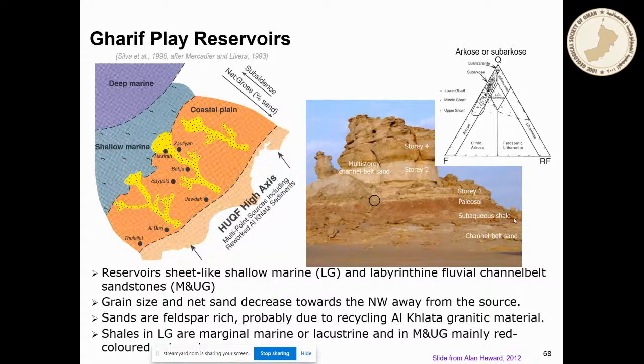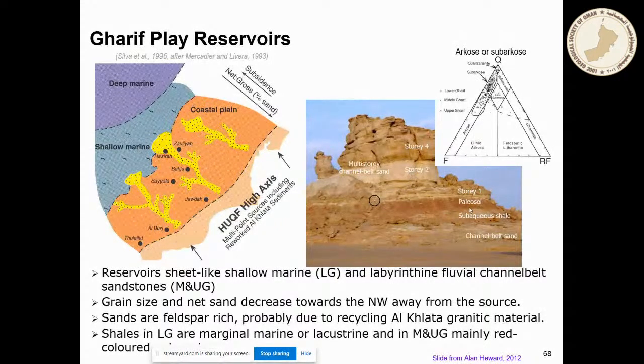By the way, this is called the Garif Pinnacle, and it's present in central Oman, close to Mhout, center of Mhout. And you can see here sand channels stacked on top of each other, and in between them you can see a paleosol.